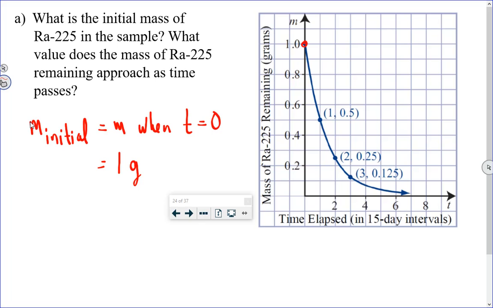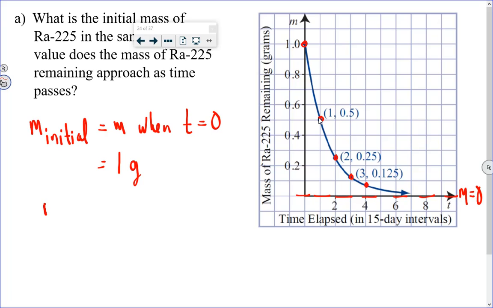What value does the mass of radium-225 approach as the time goes on? Well, it turns into 0.5, and then it turns into 0.25, and then 0.125, and then 0.6 something, and then 0.312. Like, it keeps getting smaller. It's approaching 0. And the reason we say it approaches 0 is because there's an asymptote at m equals 0.